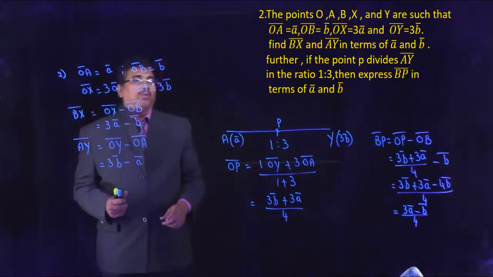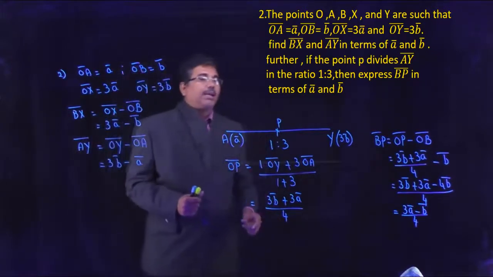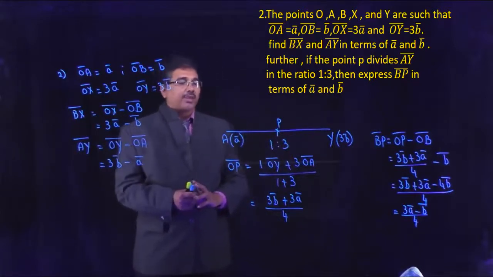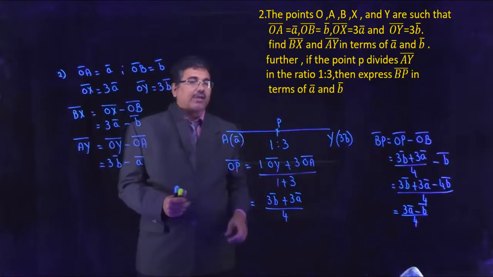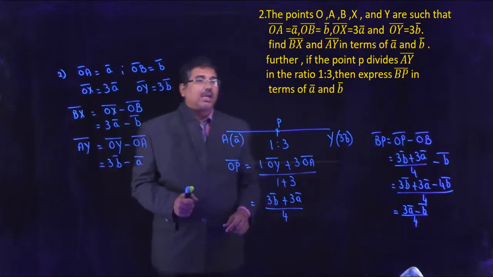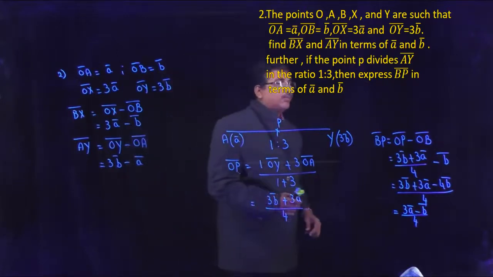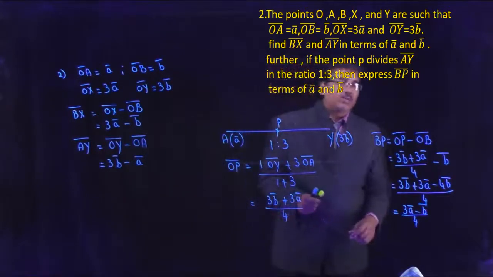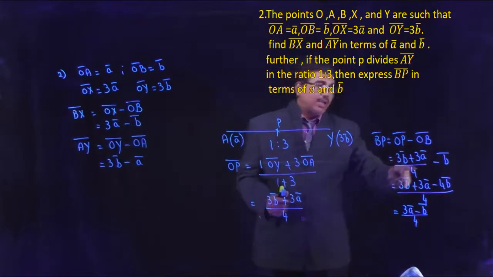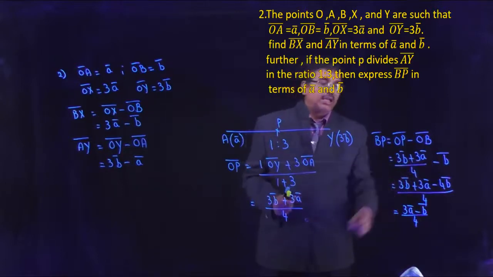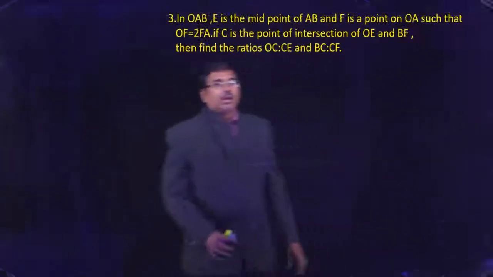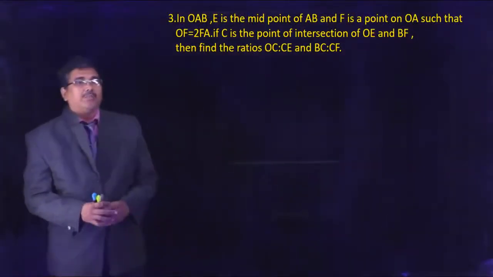Now OP bar: P divides AY in the ratio 1:3. By using the section formula, we found OP bar. Now finally BP bar is equal to OP bar minus OB bar. Simply by taking LCM, we get 3A bar minus B bar by 4. Right. Let us see the next problem.